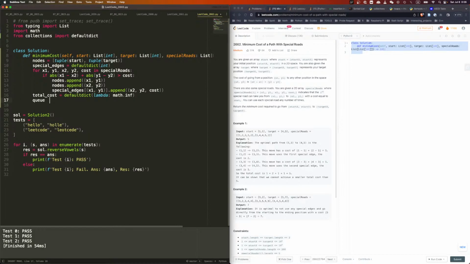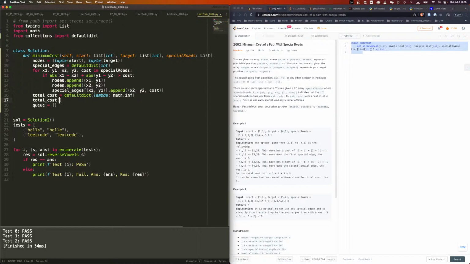Okay, then we need a queue, and the cost, and say total cost of tuple start is equal to 0. Duh. And Q is going to be start. That's the priority queue, right? So we need to put the cost first, and the start 0 and the start 1.